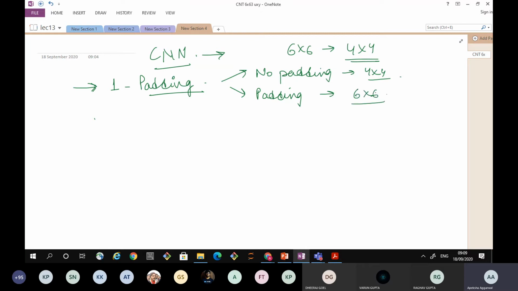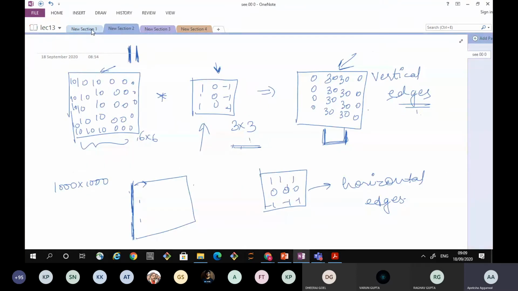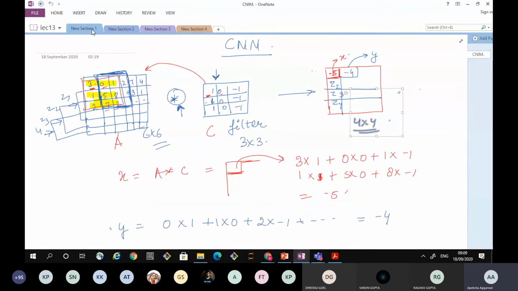So I want the original size, whatever it is. So first thing over here, formula for calculating the size of the output image is, suppose I have a 6x6 image, that is n cross n image as input. I have 3x3 filter, that is f cross f. So output size is always n minus f plus 1, n minus f plus 1 to calculate simply.